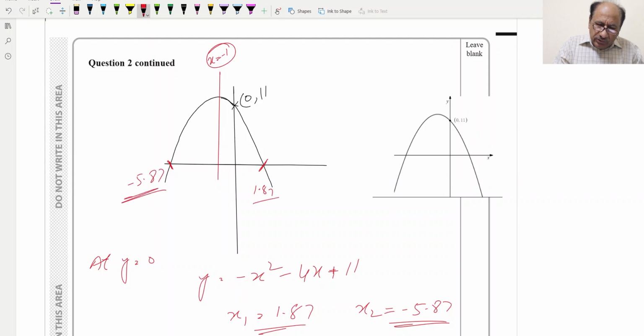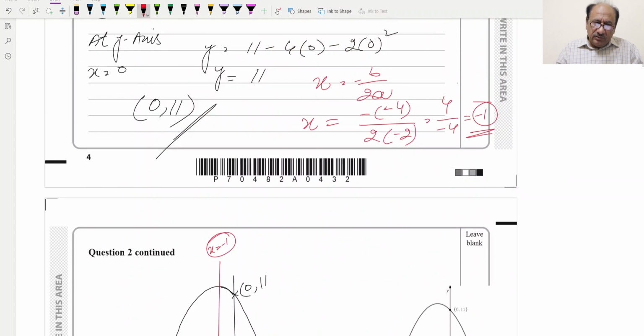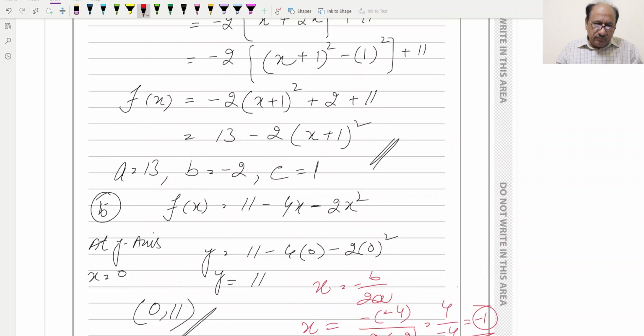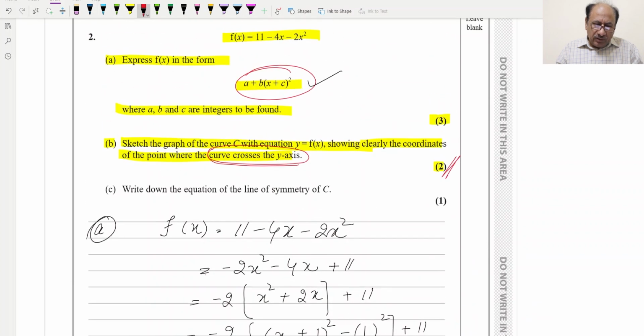As I told you, these 2 points and this line of symmetry are not a requirement of this question. I just explained for your understanding, which you can apply on other questions. Hopefully everything is fine. We are done with this question, B part. Now C part: write down the equation of the line of symmetry. This is the line of symmetry they have asked in C part, and it is a 1 mark question.